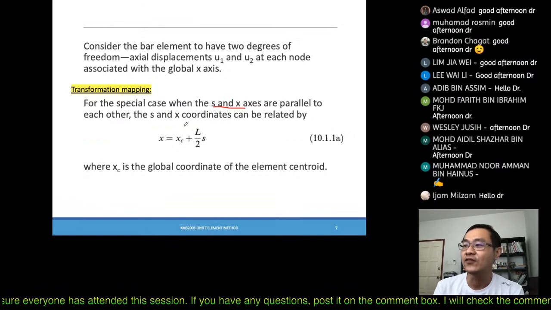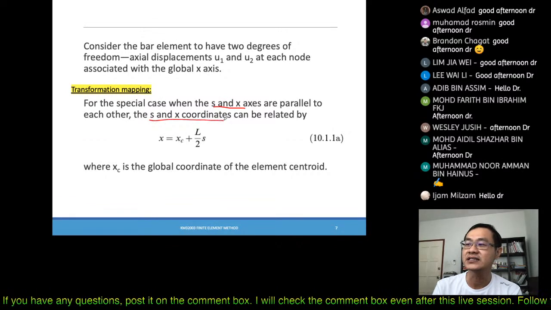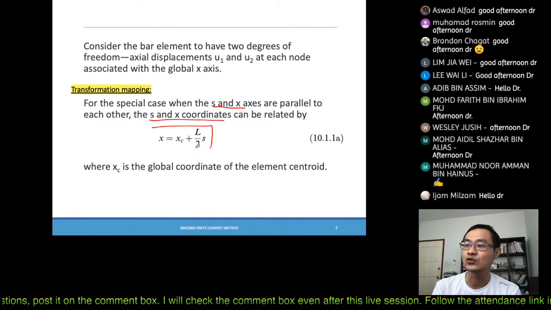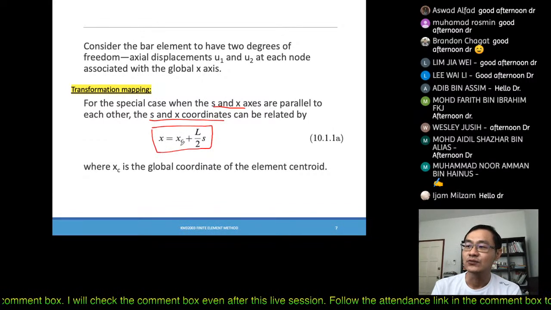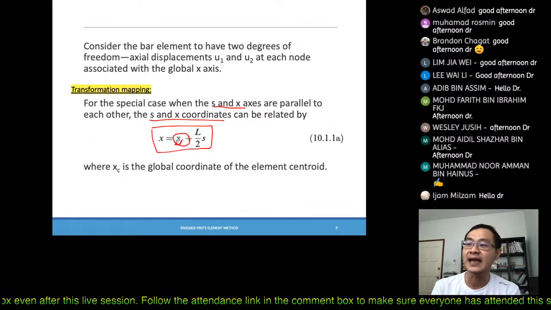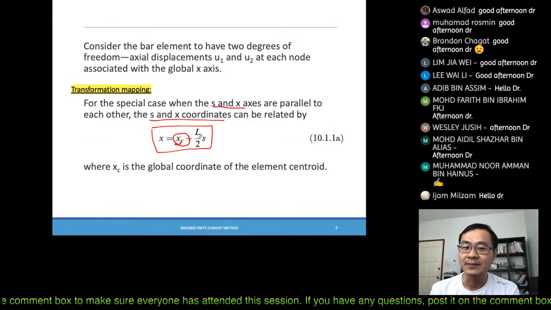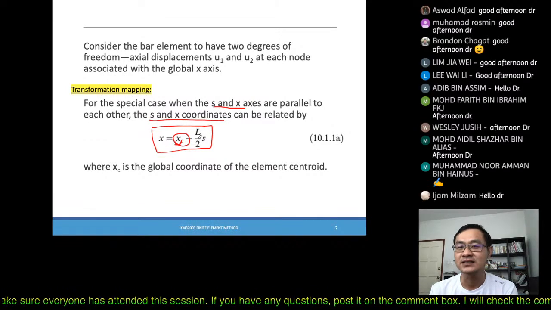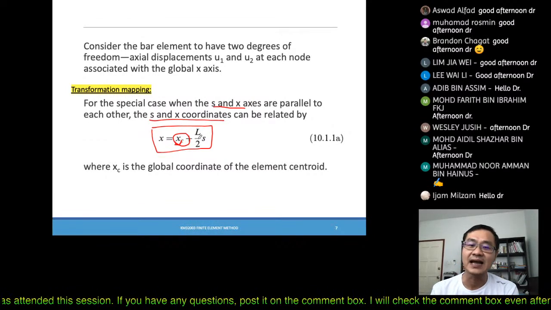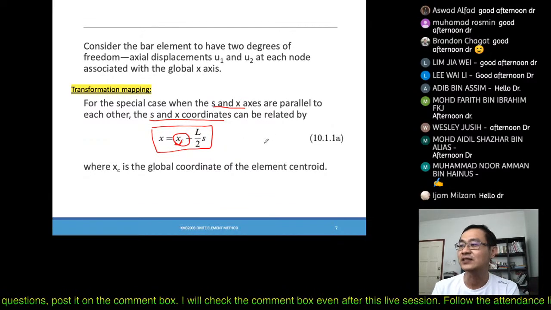Therefore, we can relate these two coordinates using these equations, where we have to identify the centroid of the element. From the centroid, half the length of the bar element gives us the first node, and the other half length gives us the other node.